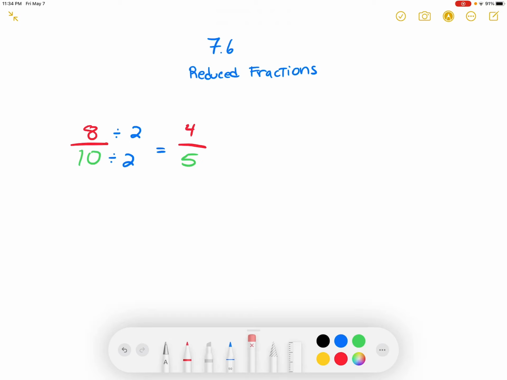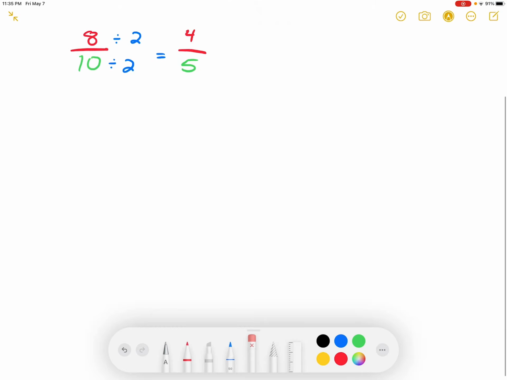So that's it. And remember, if the only thing you can do is divide by 1, you're done. 4 divided by 1 is 4, 5 divided by 1 is 5. So you returned yourself to 4 over 5. So the lowest common terms for 8 over 10 is 4 over 5.